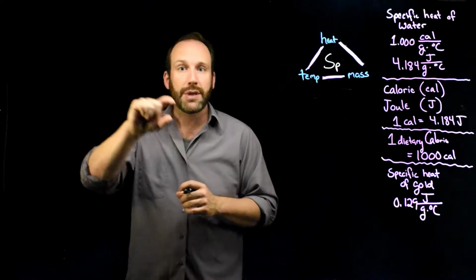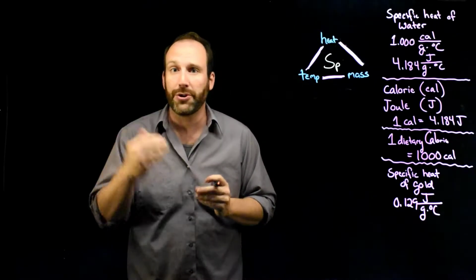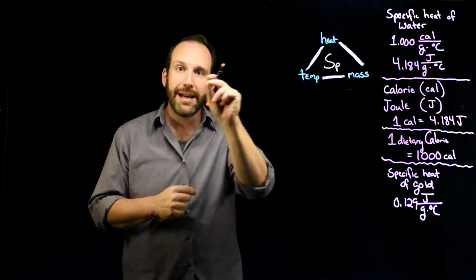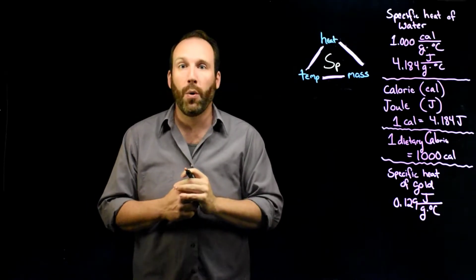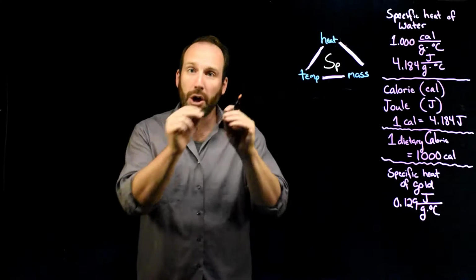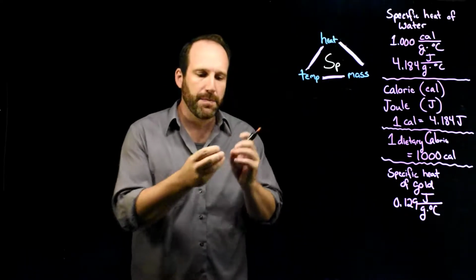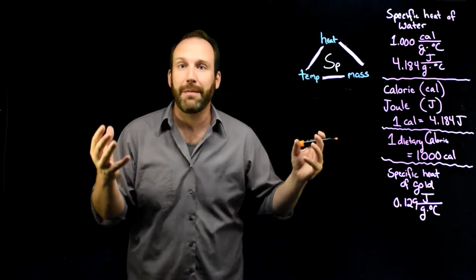If heat flows out of an object that we then grab a hold of, that object will feel colder to us, right? So heat is flowing into or out of matter, and that causes a temperature change. Well, what if we had a small bit of matter and then a really big bit of matter?